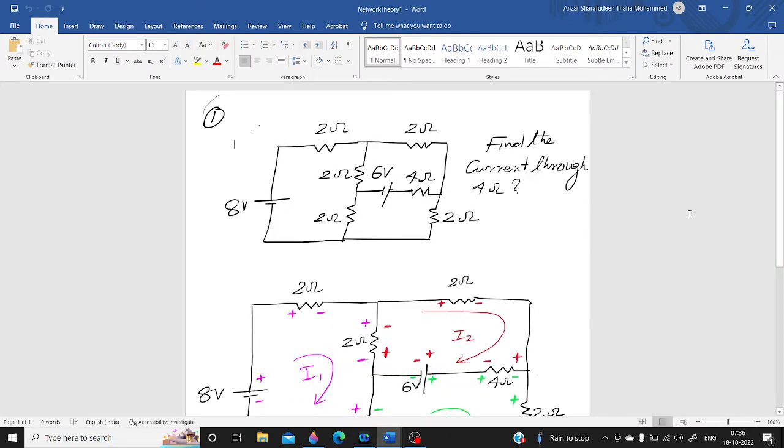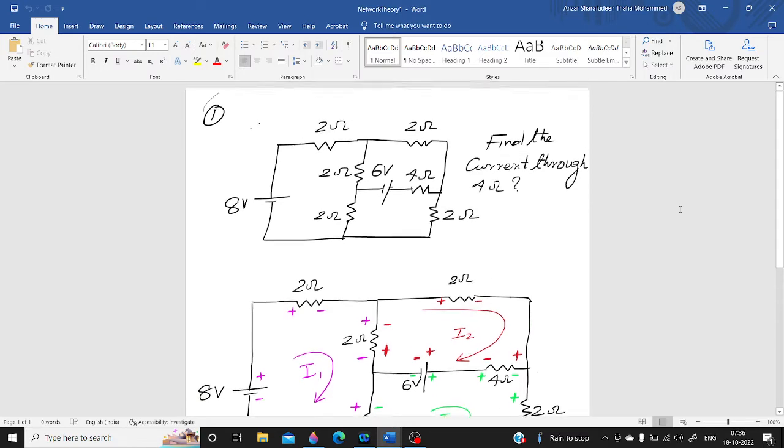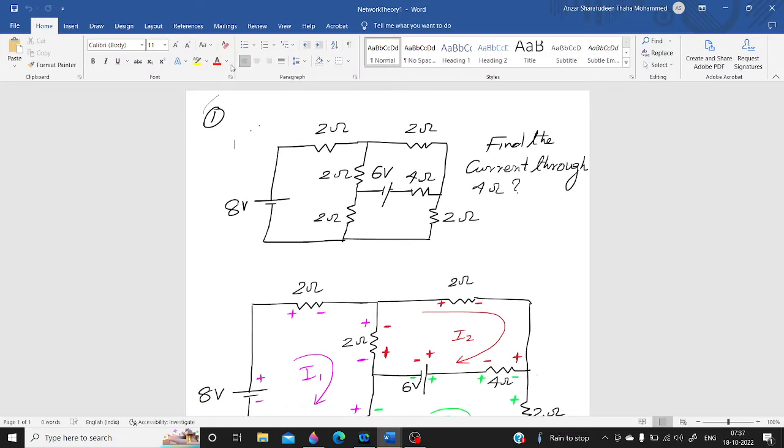So now let us consider this network. First of all, I am assigning the current. Say this current is I1. Mesh currents. Identify this is one mesh. So I have identified this mesh, and I have assigned a current direction. Say this current is I1, and this is another closed path, another mesh. So I am assigning this mesh with current I2.